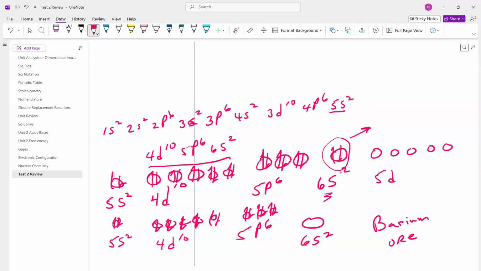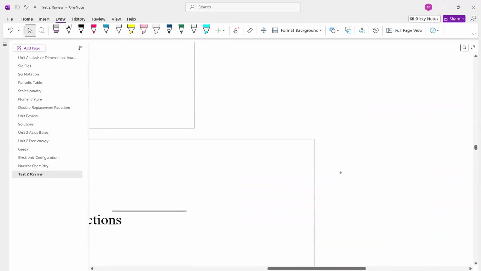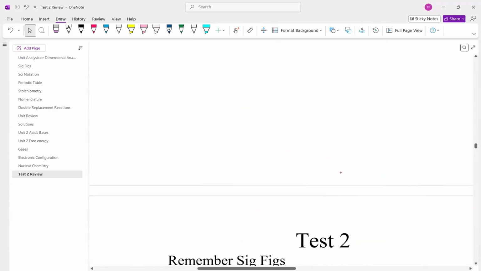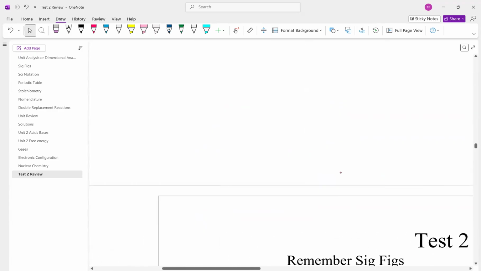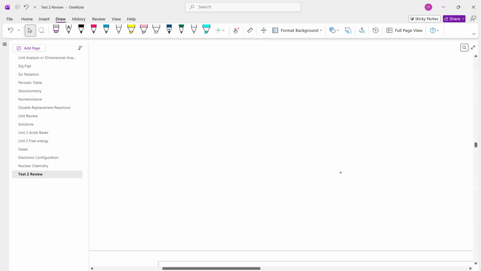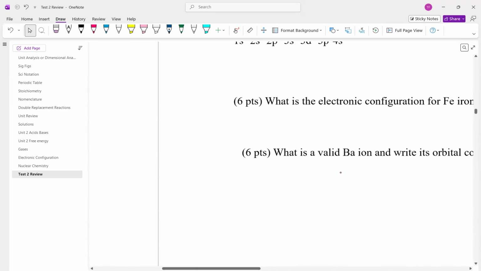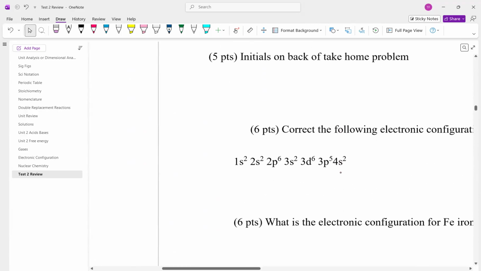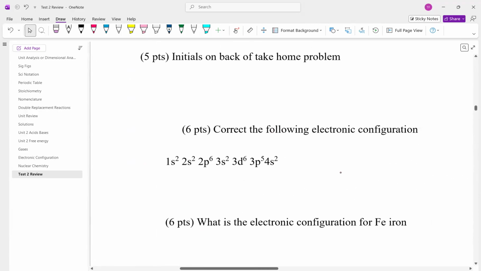So what question are we referring to? Which one? What column?